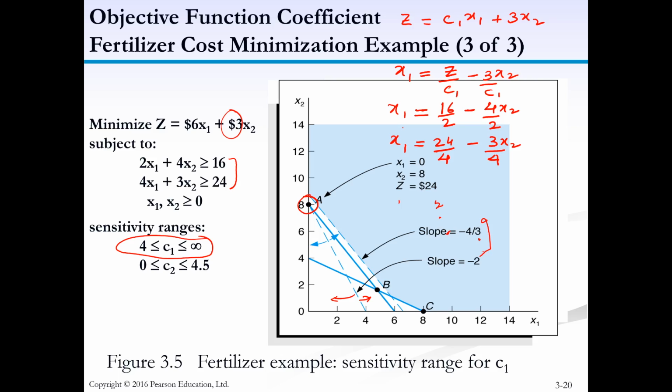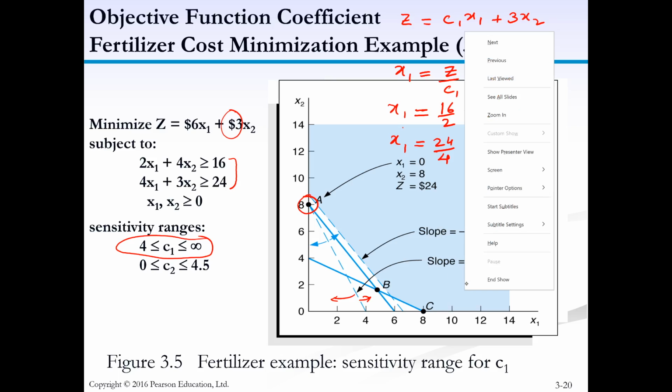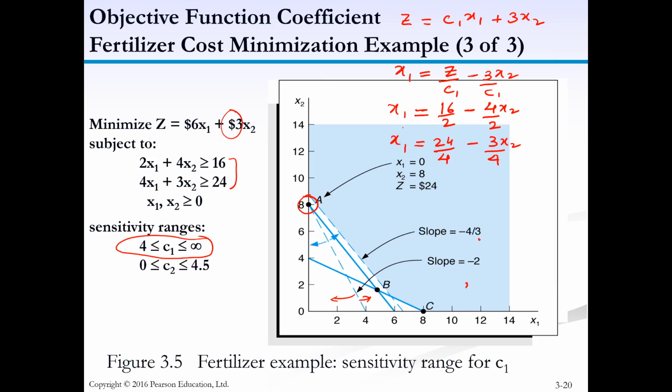We equate the slopes and establish the range. We see over here, −3/C1 = −4/2, and what we get is C1 = 6/4, which is 1.5.